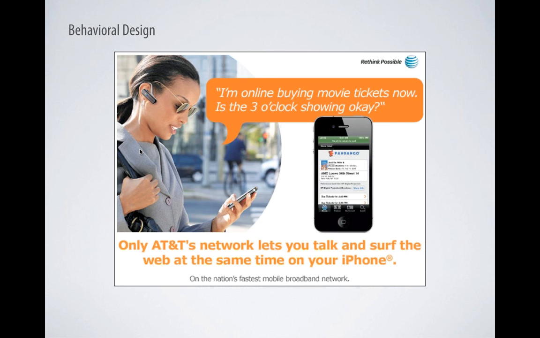So now we're at the behavioral level, and this is a very stereotypical example of a behavioral level advertisement. And how do you see the emphasis change in this case? Okay, there's no initial feelings.